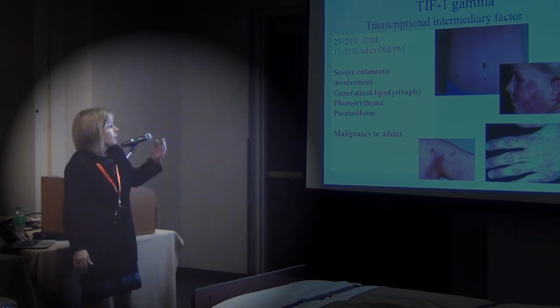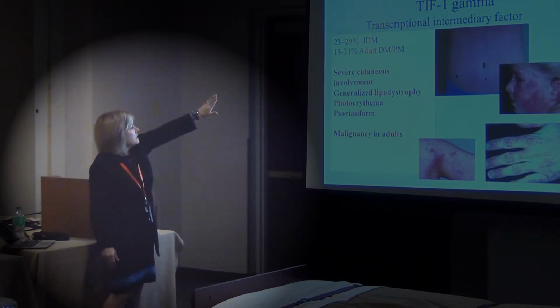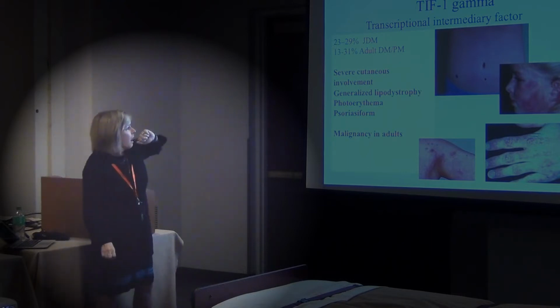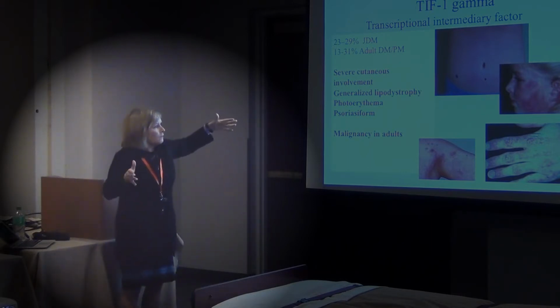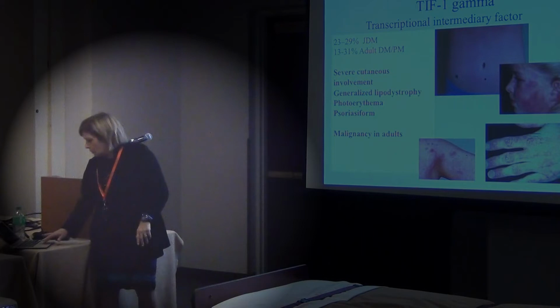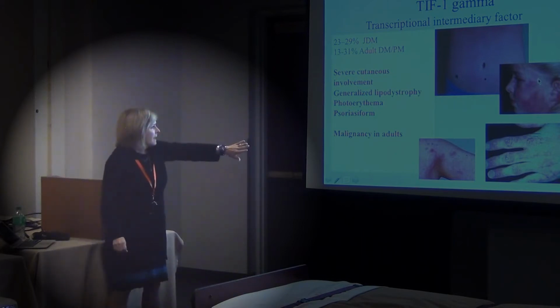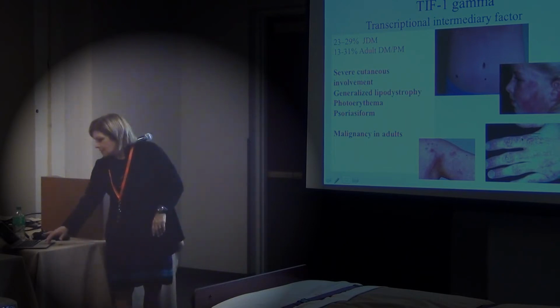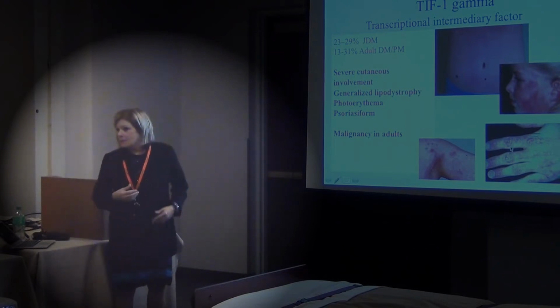There's one called TIF1 gamma. It also is seen about the same in adults and kids, maybe. Patients have a lot of rash, like this little girl over here, she's got a lot of rash on her face. Sometimes you can have a rash that looks like psoriasis on the hands, but it's a dermatomyositis kind of rash.